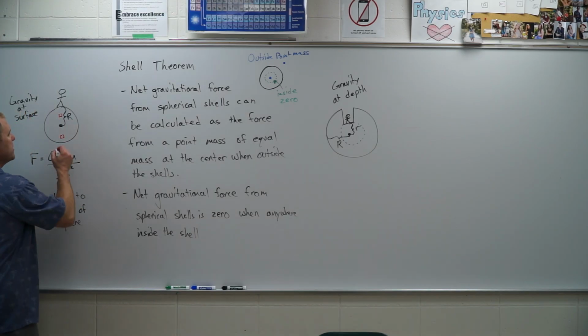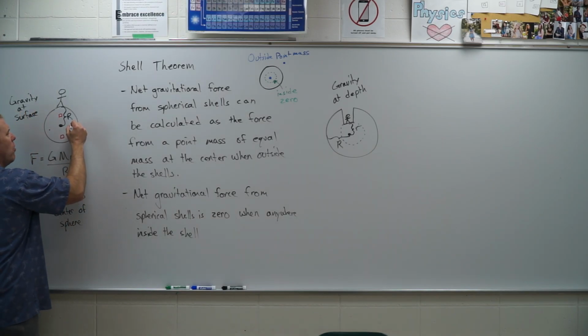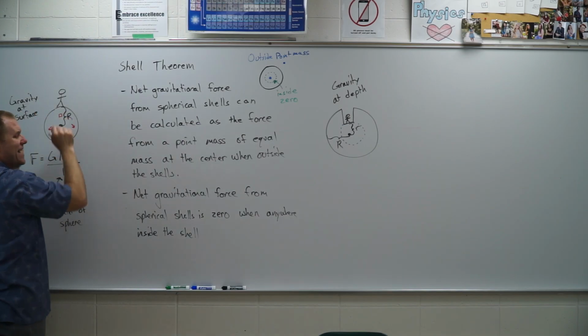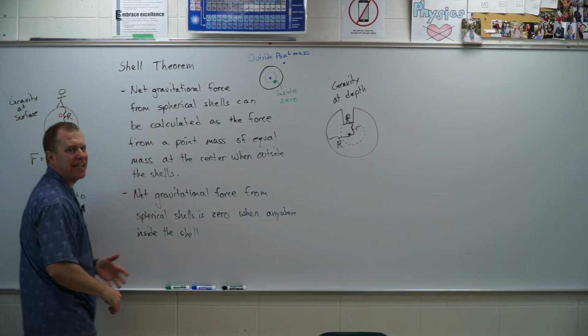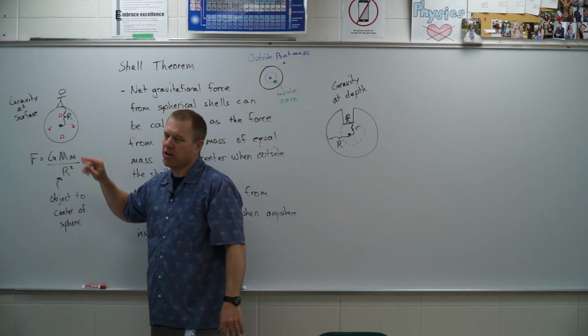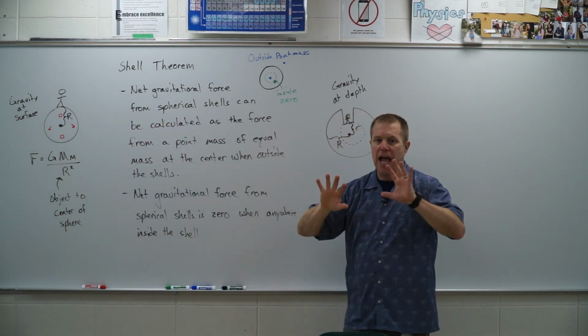And so there's always going to be these symmetric points that are pulling you away equally. And so all of that symmetry actually gets stuff to cancel out, and that's why we can consider it a point mass. Same thing for the outside shell.